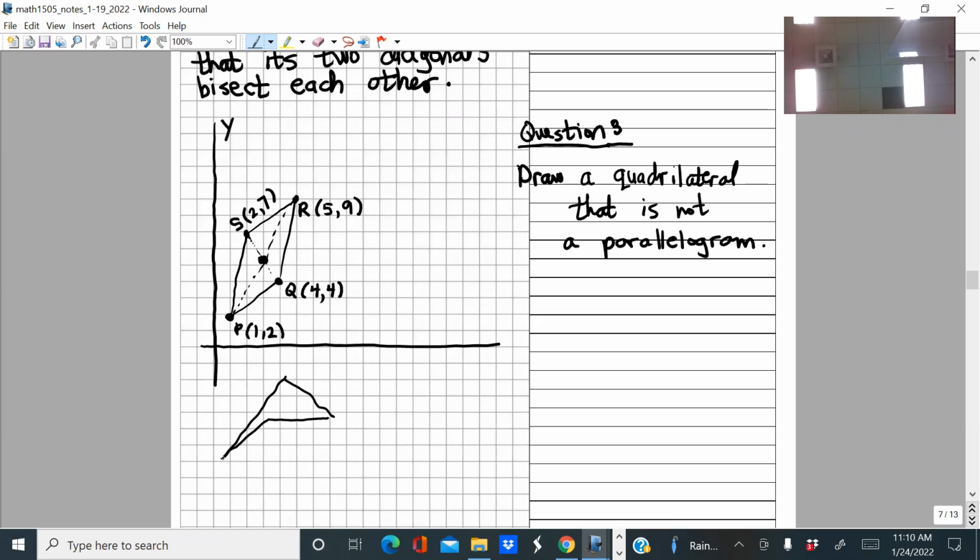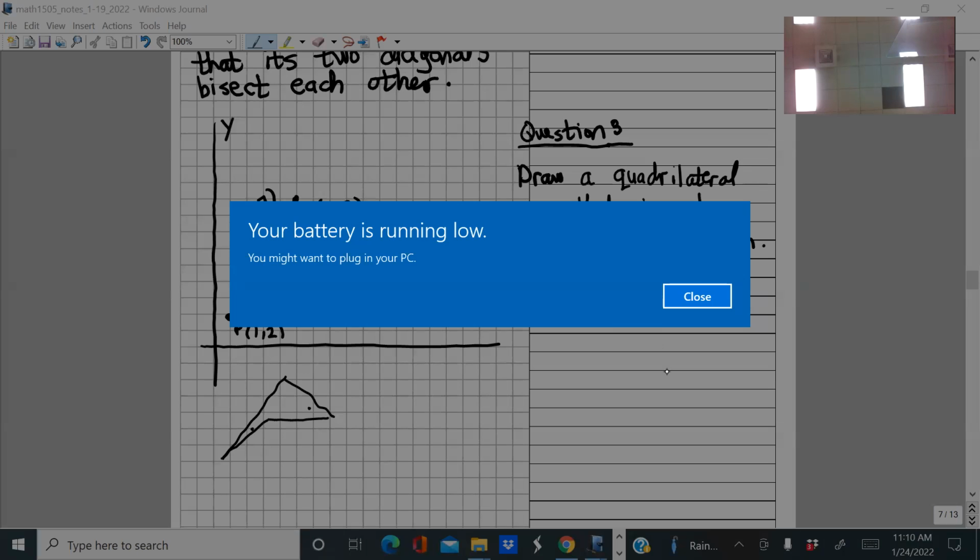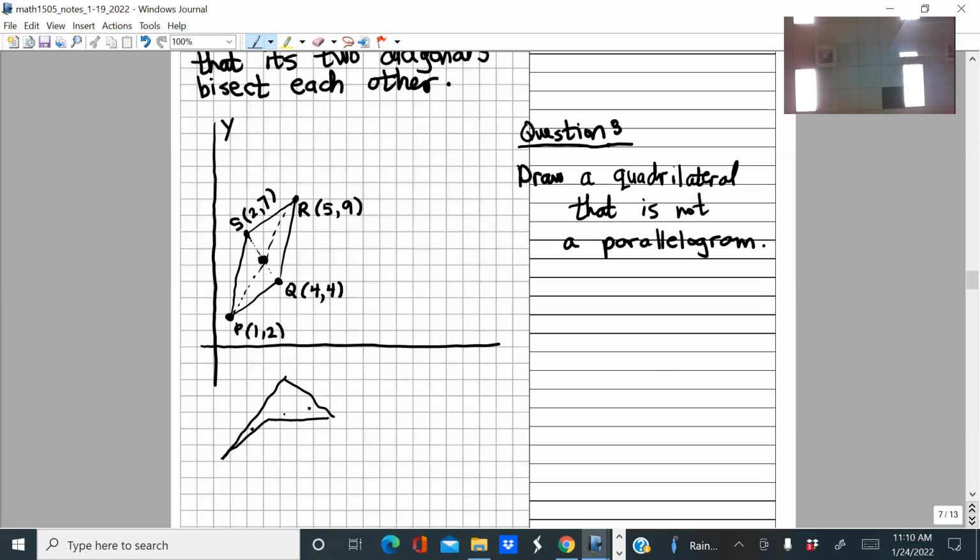Here's what I mean. It's possible in this quadrilateral to start at this point and travel over to this point. If you do that on a straight line, notice you're going to run outside of the quadrilateral.